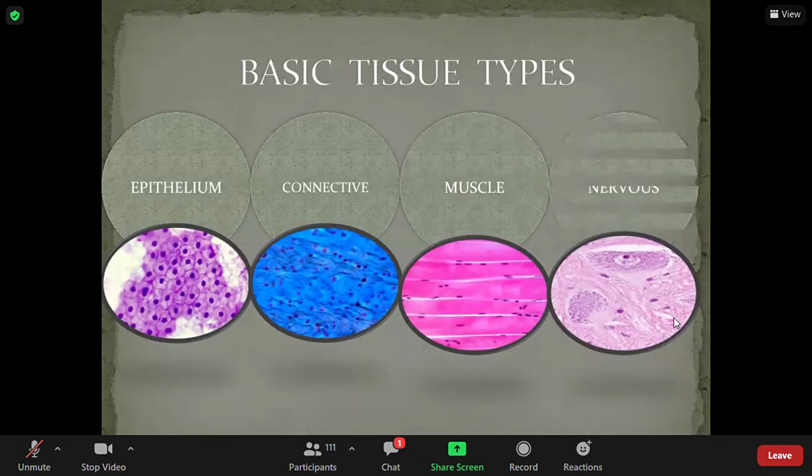And fourth, we have your nervous tissues. All of these we will have to encounter because these are the important basic tissues before we go to the organ system. Of course, in this first topic, we will focus on the first basic tissue type, which is the epithelium.